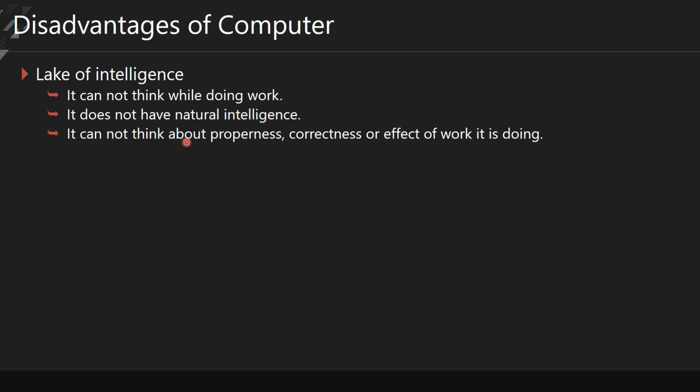So it does not have natural intelligence like a human being, but it does the work accurately based on the intelligence you feed to the computer. It cannot think about the properness, correctness, or effectiveness of the work it is doing, right?